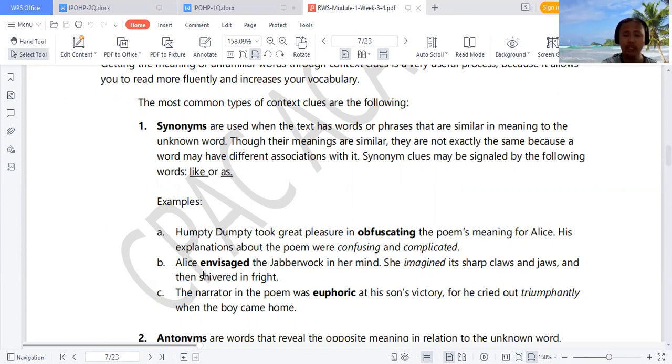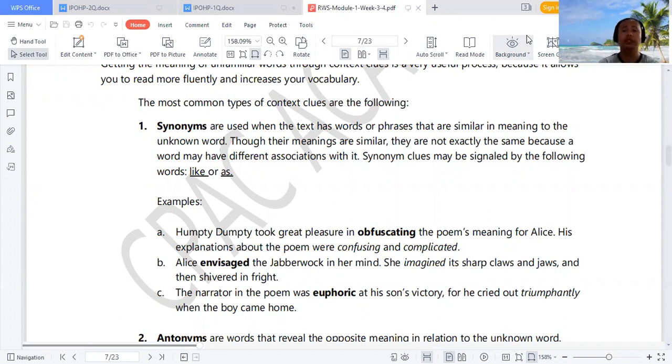Number two, Alice envisaged the Jabberwock in her mind. She imagined its sharp claws and jaws, and then shivered in fright. So what do we mean by envisage? What is the synonym word of envisage?